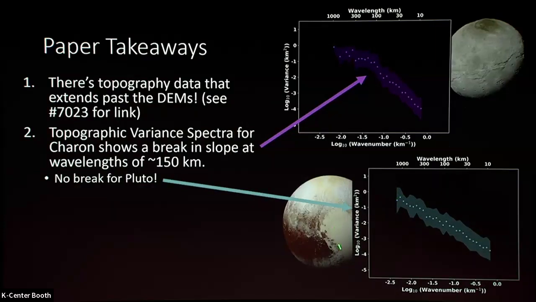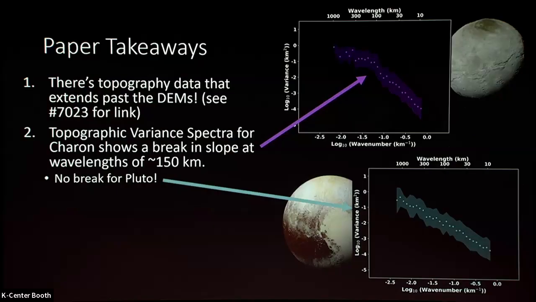So Pluto's topographic variance spectra, this is only a 15-minute talk, so I can't give all the details here, but Pluto's topographic variance spectra is very flat. And we'll still find something interesting out of that, don't worry. But Charon's has this break in slope here at about 150 kilometers.